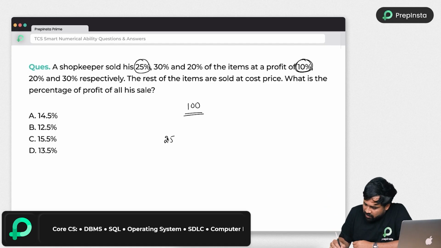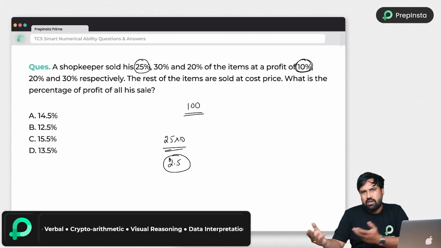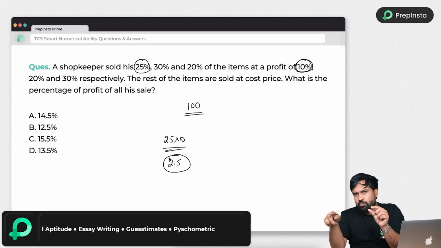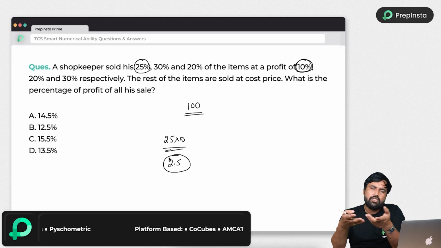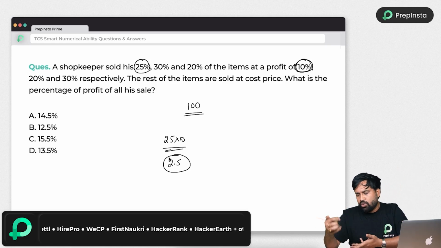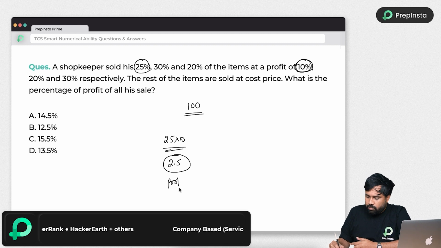Simply multiply by 10, which is 2.5 rupees overall. On one item, he is getting 0.1 rupee, because 10% of 1 rupee is 0.1 rupee. 0.1 rupee into 25 items is 2.5 rupees. So the profit is 2.5 in the first case.